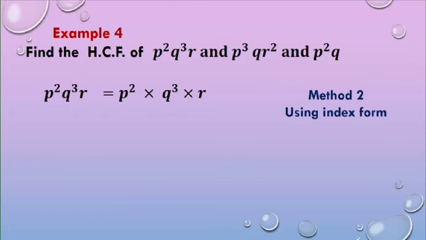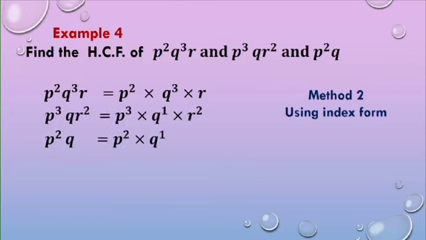So we write the three terms as a product of the factors written in index form. What will be the HCF here? Yes, the HCF will be the common factors with the least power. What can you see here?